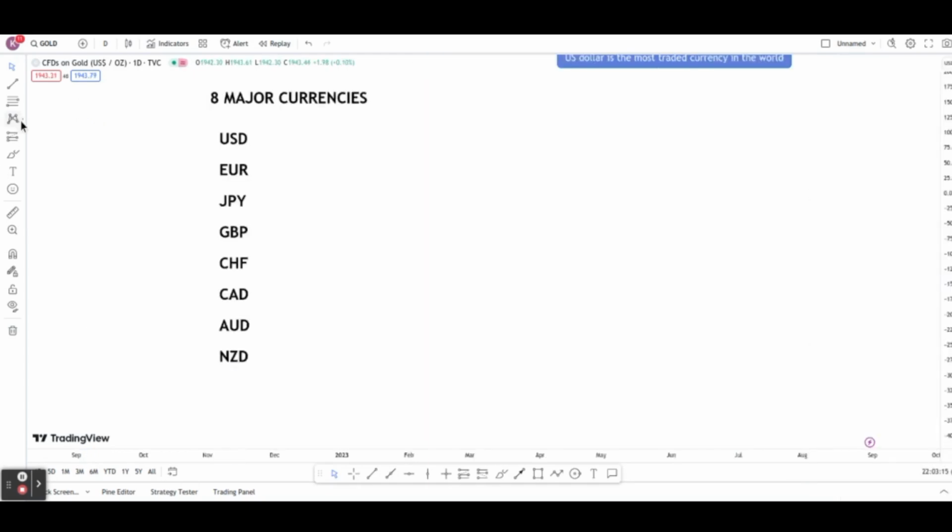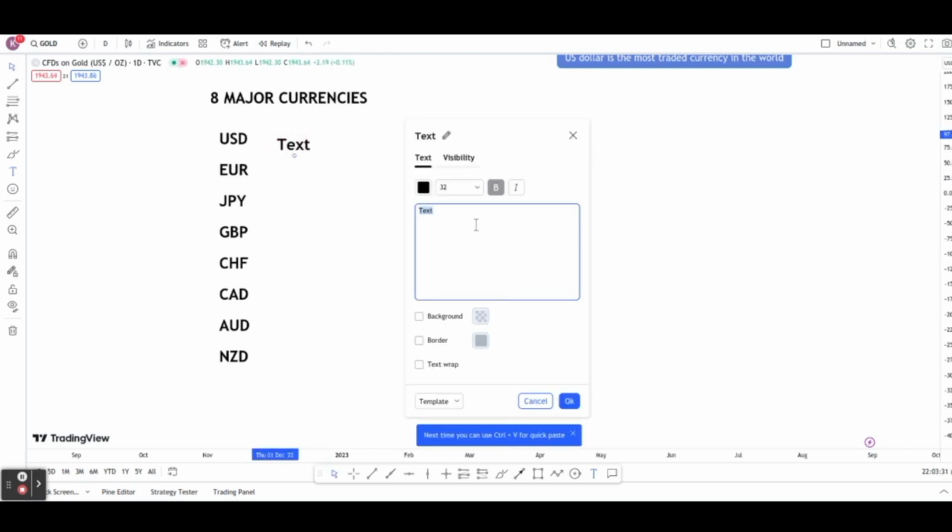Okay. So the first one is USD. The US stands for United States and the D stands for dollar.